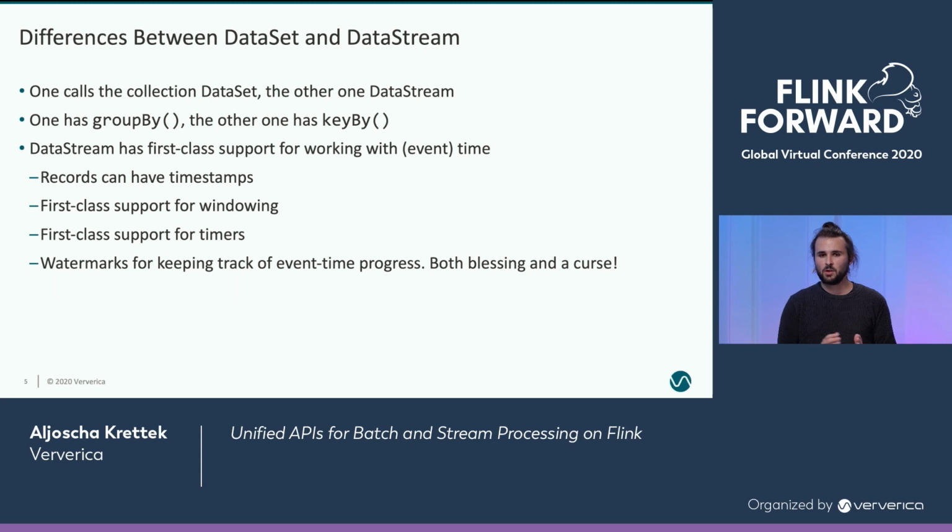That's required for working with event time because we have to have a way of keeping track of time. But it's also a bit of a difficult thing to work with because you then have things like late data that you need to consider and trade-offs between completeness and latency and other things. We'll go into detail about this later.